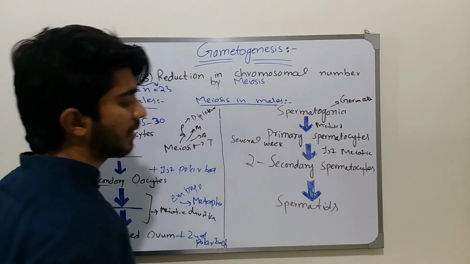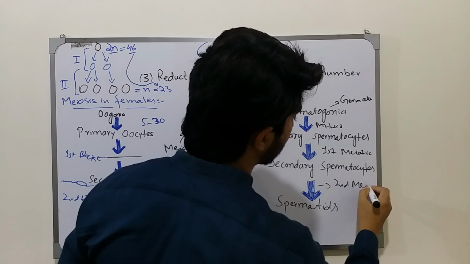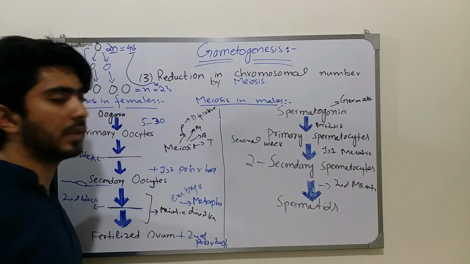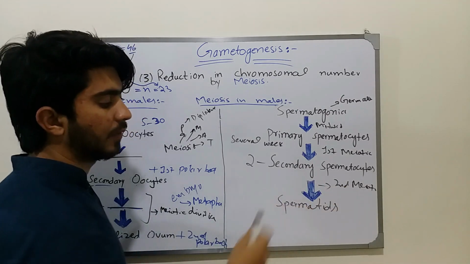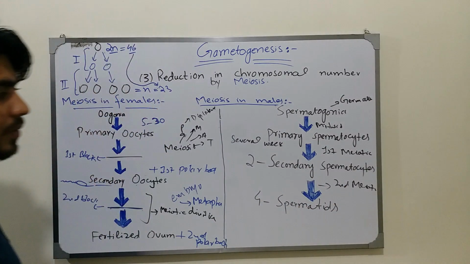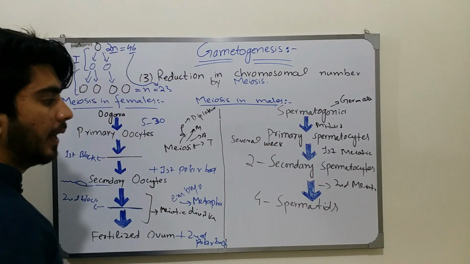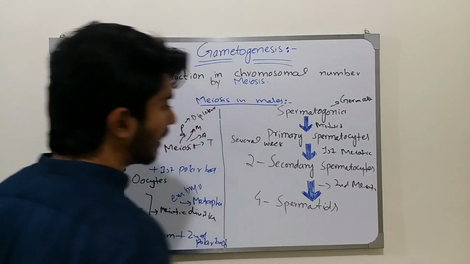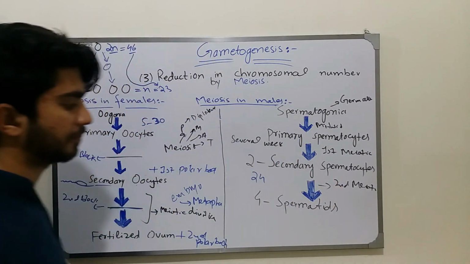These secondary spermatocytes also pass through a second phase, that is called the second meiotic division. They complete the second meiotic division and form the spermatids. Here 4 spermatids are formed by this process. This is what happens in the spermatogonia in the males, while the oocytes only take 24 hours to complete the second meiotic division.